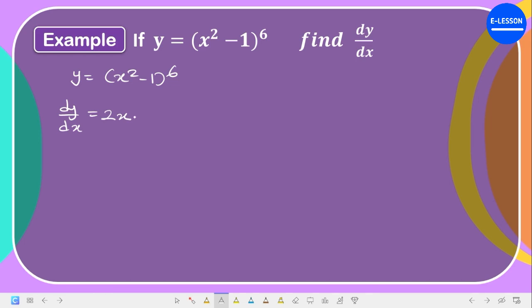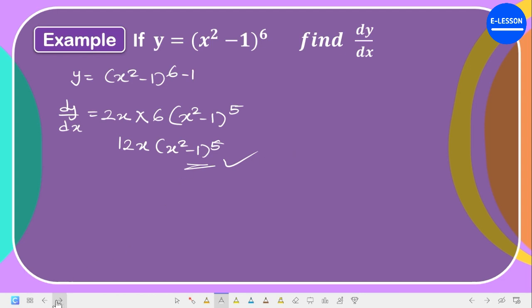Differentiate minus 1 is 0, so 2x minus 0 is still the same thing, multiplied by what you have on the power, which is 6. Write everything in the bracket again, which is x squared minus 1, and then subtract 1 from the power, which is raised to the power of 5. So 2x times 6 is 12x, and this gives us 12x times (x squared minus 1) raised to the power of 5. This is the solution to this question.